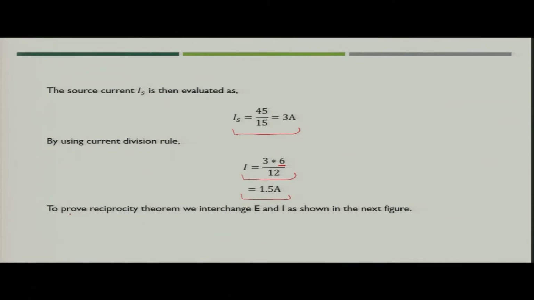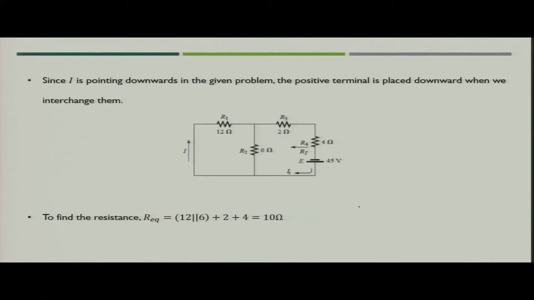Now, to prove the reciprocity theorem, what we will do, we will interchange the locations of E and I. So, what would happen in that case? The circuit will be modified as shown in this figure, where you will see the direction of E is downward.